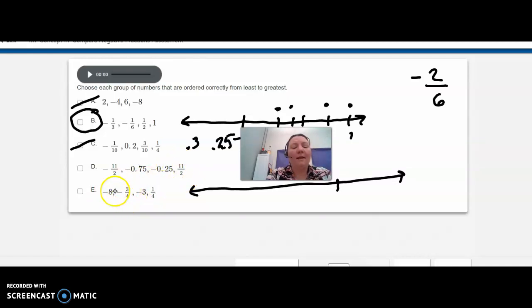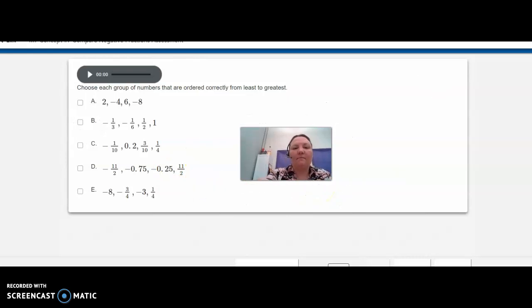But then we need to go back and double check our negatives, and we want them to be in order from left to right on our number line. I will tell you that one of these answers, either D or E, is correct, and one of them is incorrect. So that can help you double check and make sure that you are able to solve and put numbers in order on a number line before you do this retake.